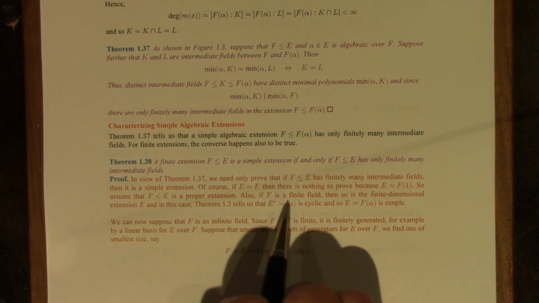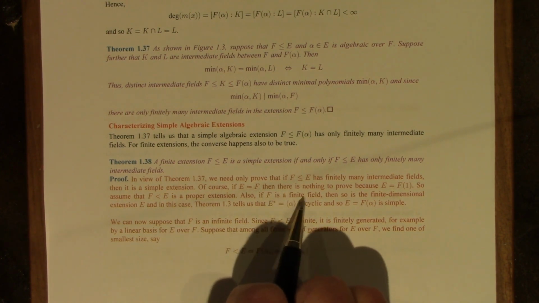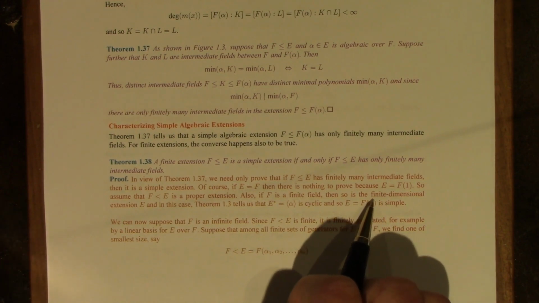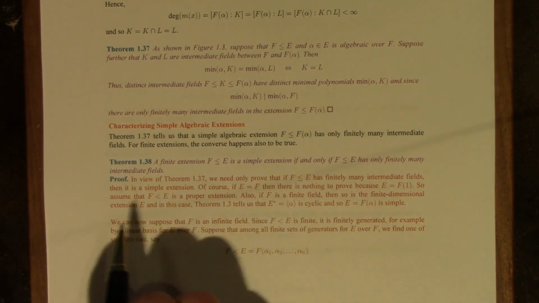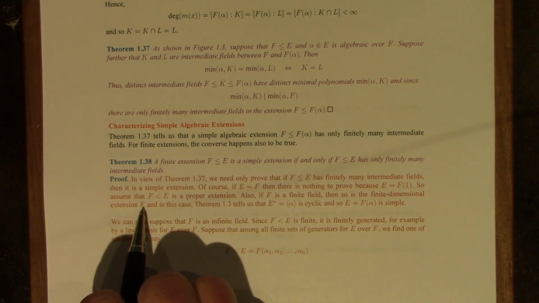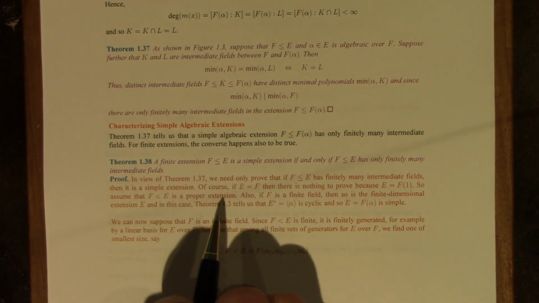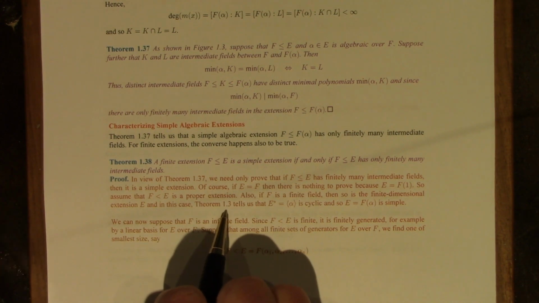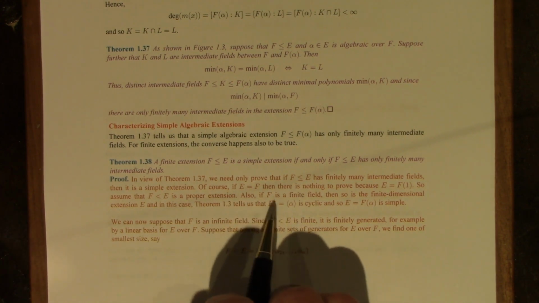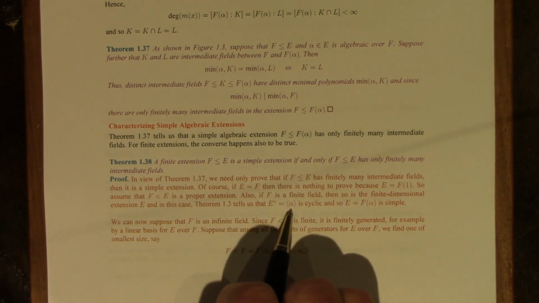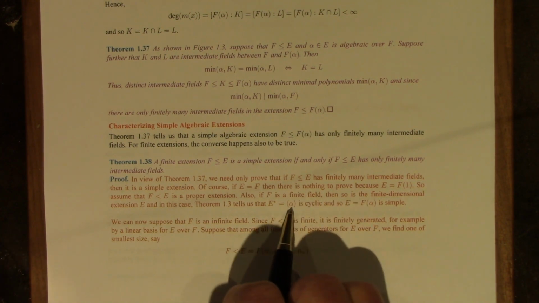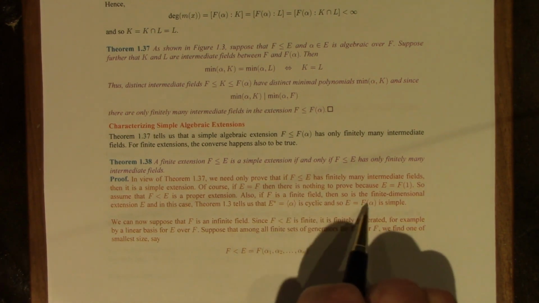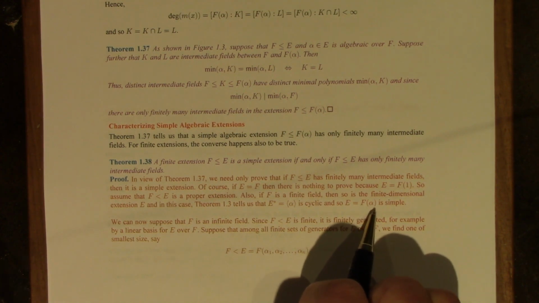Also, if F is a finite field, then so is E, because E is a finite dimensional extension of F. And in this case, we had a theorem quite some time ago, theorem 1.3, that tells us that E star, this is the non-zero elements of E, is a cyclic group under multiplication. And so if alpha generates that group, then E is F with alpha adjoined, and so it's simple.